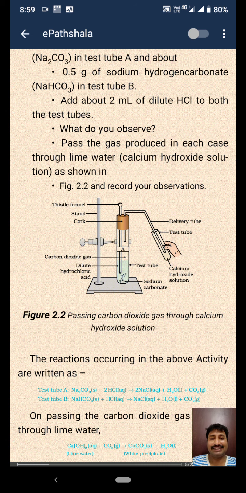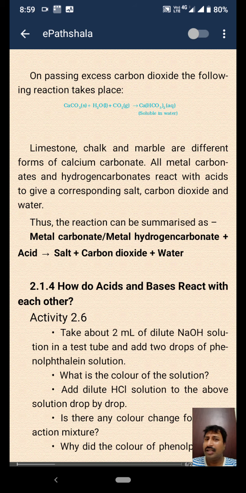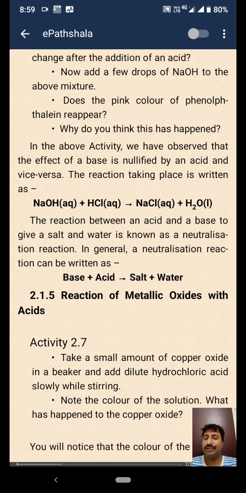This is a basic thing. Whenever a metal carbonate or metal bicarbonate reacts with an acid, it gives out a salt and water and carbon dioxide. Okay, so these are the very simple things that you can do.